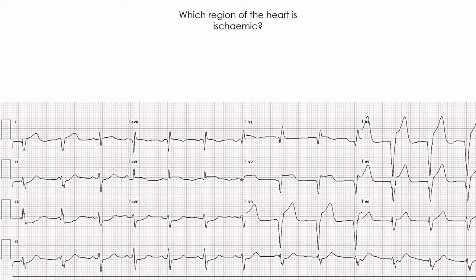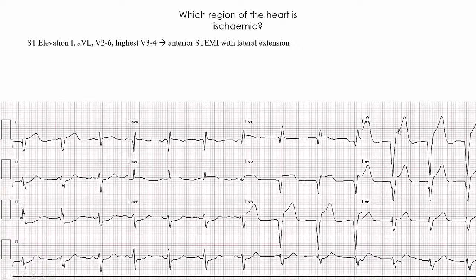Okay, what about this ECG? Well, we've got ST segment elevation in V2, V3, V4, V5, V6. We've even got a little bit in leads 1 and AVL. So this is most consistent with an anterior infarct.